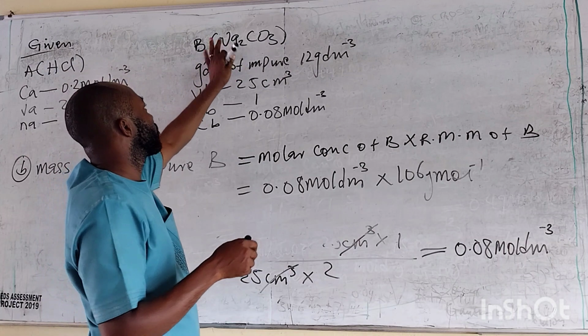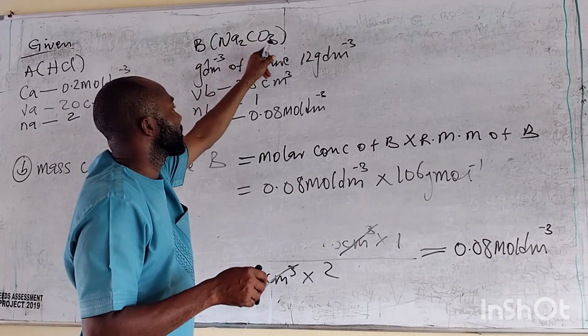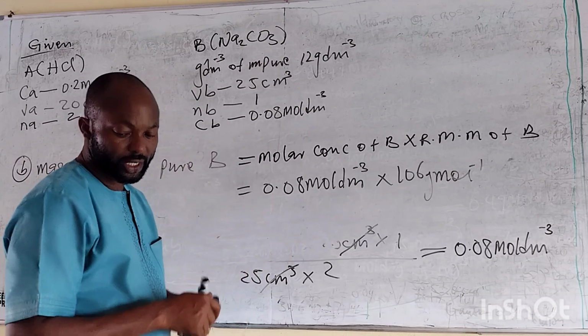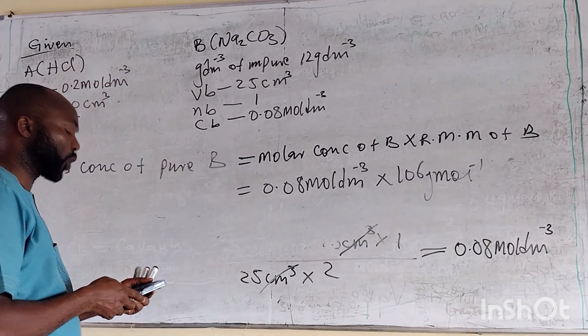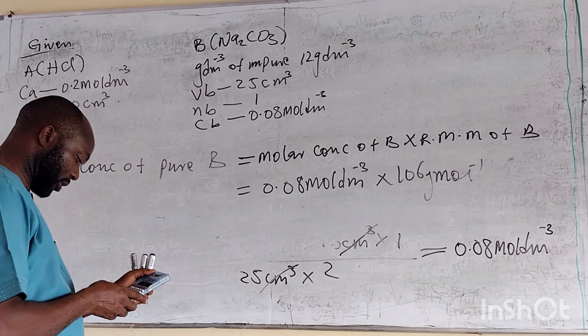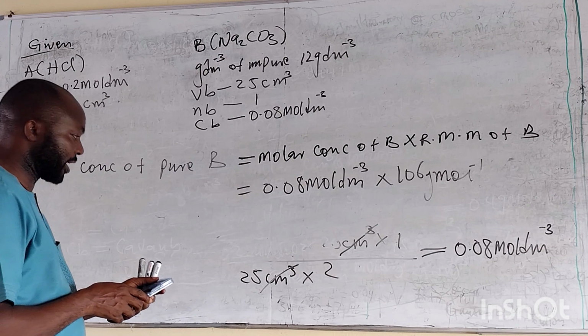If you calculate this, 23 times 2 plus 12 plus 48, which is 16 times 3, will give us 106. So when we multiply 0.08 times 106, we get 8.48.